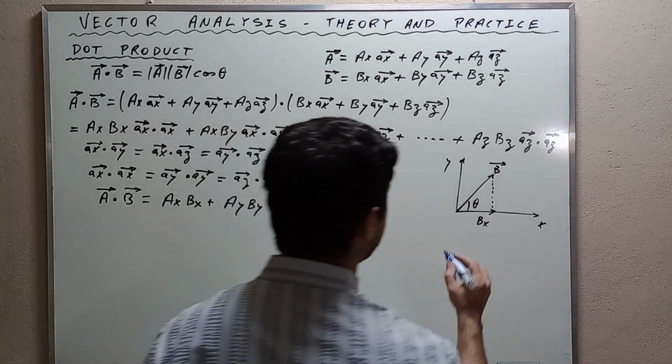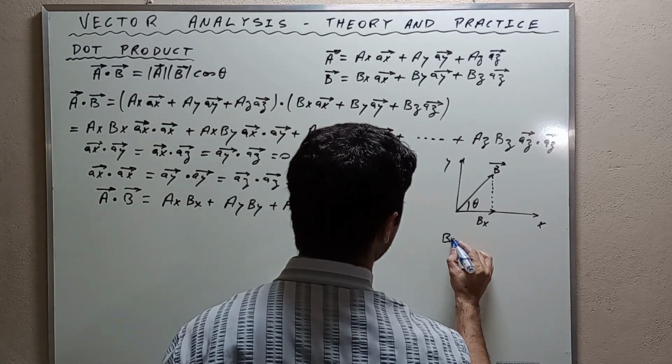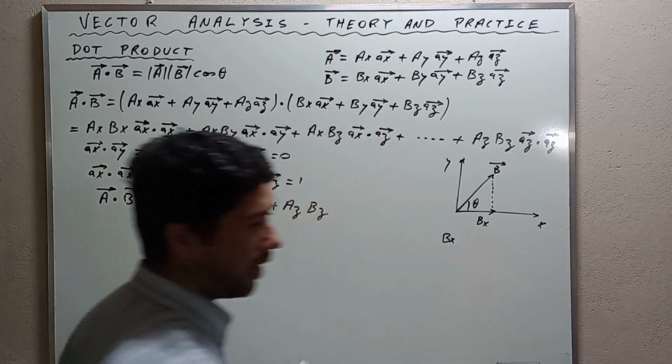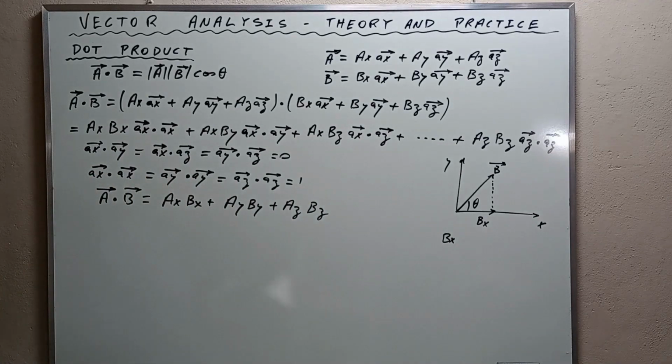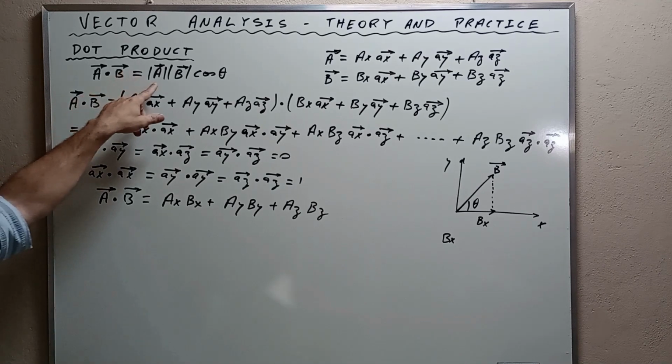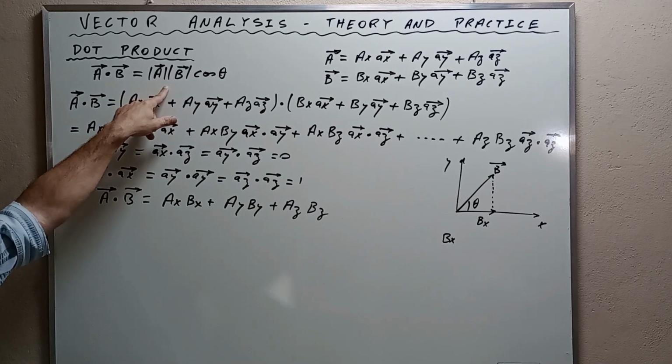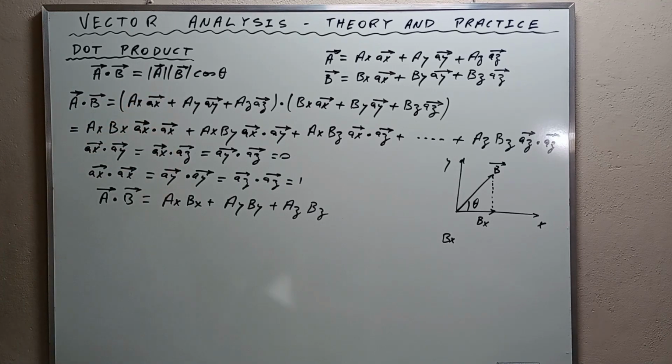Okay, bx is a scalar. Okay, I don't know if you noticed it. If you didn't, I shall mention it to you. The dot product is a multiplication. The cross product is a multiplication too. Okay? They are vector multiplications.